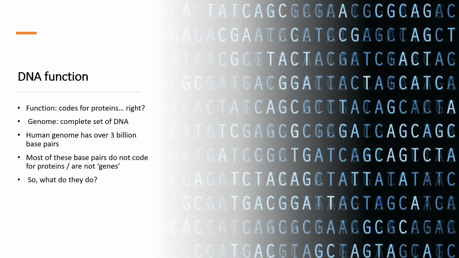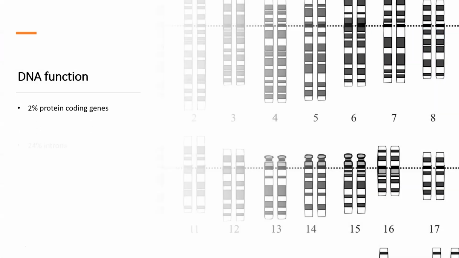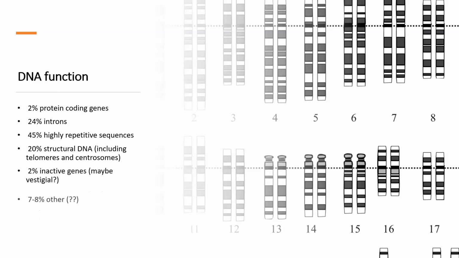So what do they do? 2% are coding for genes. 24% are introns. 45% are highly repetitive sequences. 20% are structural DNA, so telomeres, centromeres, things like that. 2% are inactive genes, so maybe genes that have historically been used but no longer are required. And there's 7 to 8% that we have no idea why they are there.